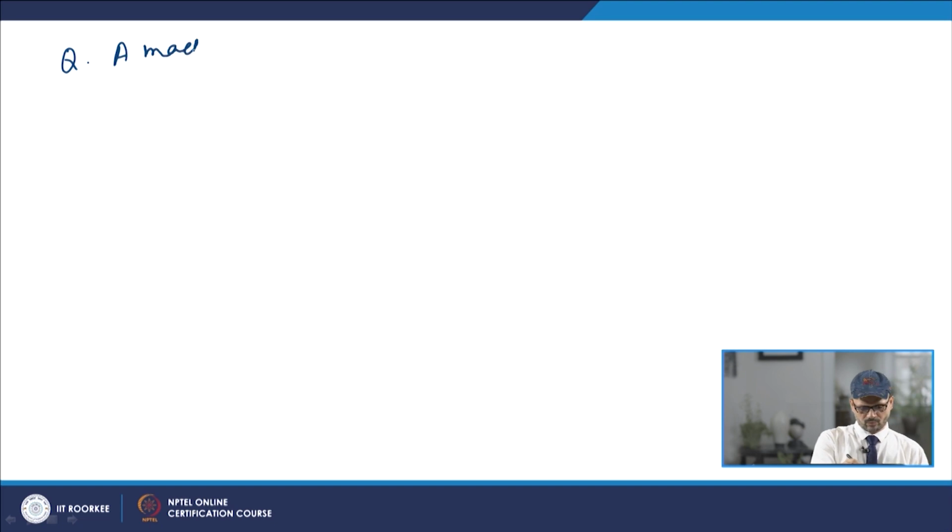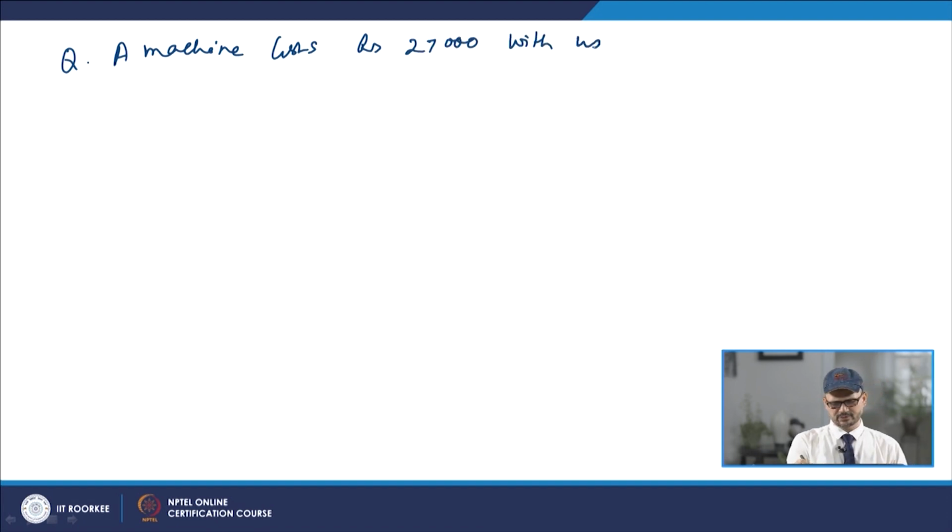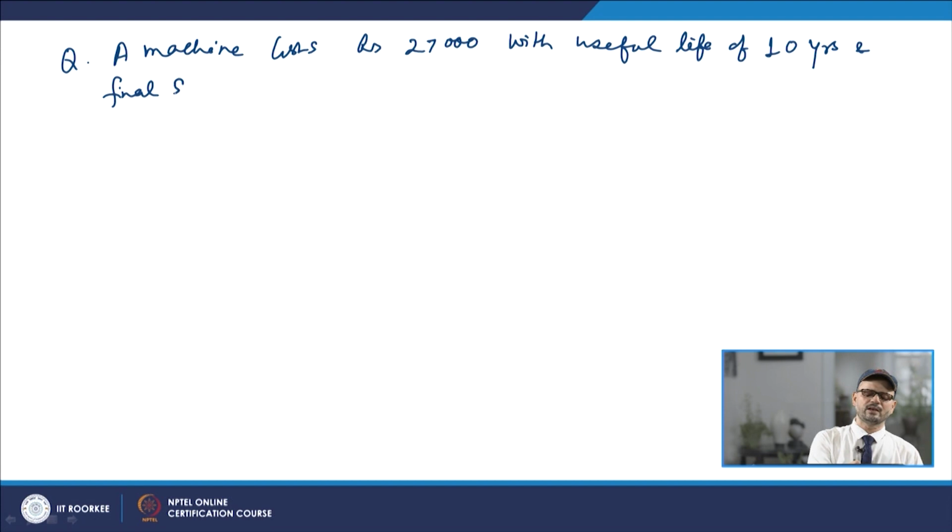Now, we are going to have a question based on the amortization method of depreciation. We have a question which tells that you have a machine which costs rupees 27,000 with a useful life of 10 years, and the final scrap or salvage value is rupees 2,000.